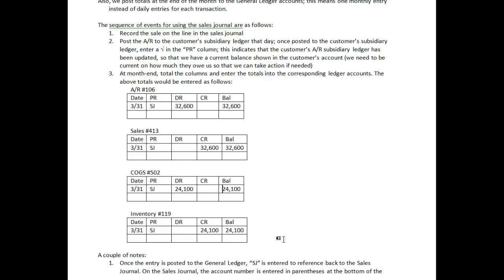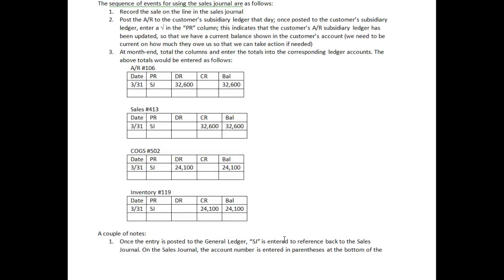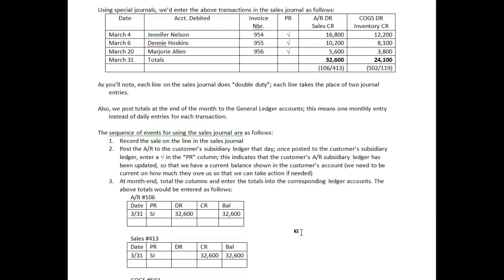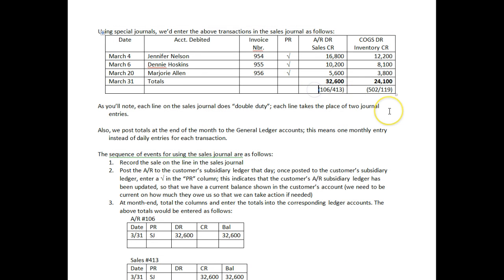On the sales journal, the account number is entered in parentheses at the bottom of the column to indicate it's been posted to the general ledger. The account debited is listed first, followed by the credit. So let's take a look at this. Up here, we've got, in parentheses, I've written 2 account numbers down here at the bottom of this column.